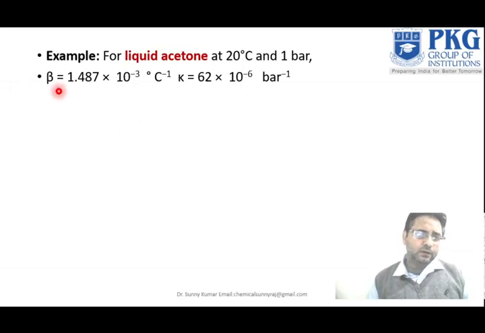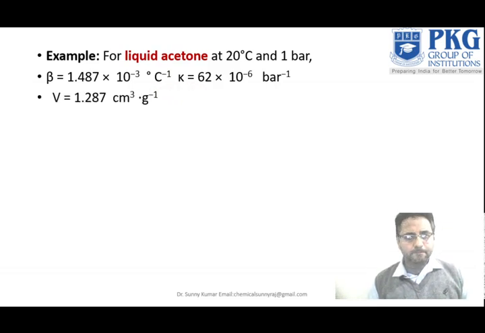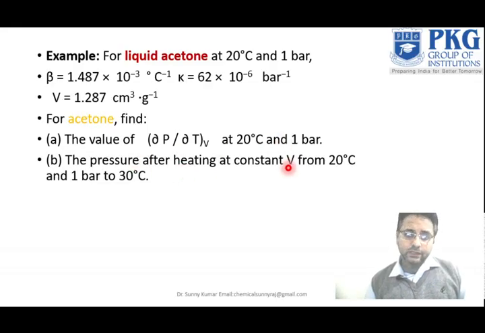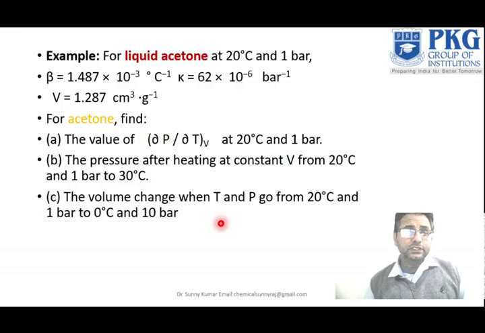If you know beta, the volume expansivity, and K, and the volume of liquid acetone at 20 degrees C and 1 bar is 1.287 cm³ per gram, then for acetone, find the value of (∂P/∂T) at constant V at 20 degrees C and 1 bar, and the pressure after heating at constant volume from 20 degrees C and 1 bar to 30 degrees C. Also find the volume change when the temperature and pressure go from 20 degrees C and 1 bar to 0 degrees C and 10 bar.